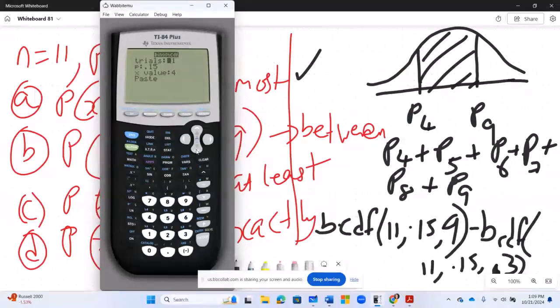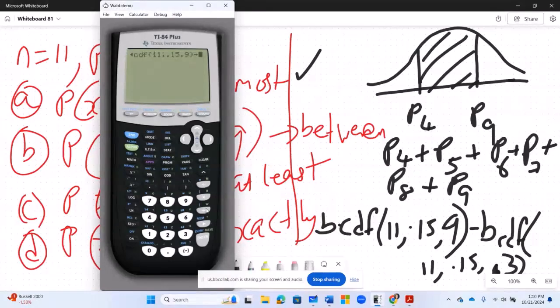The number of trials is 11, success is the same, and the value this time is 9. Then I can just subtract.